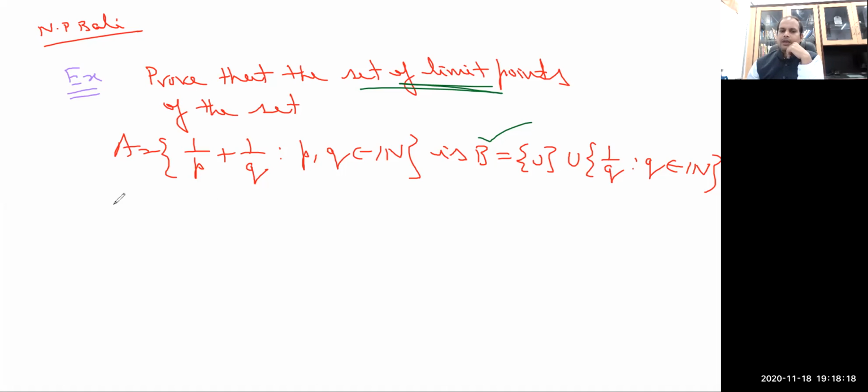See, from the Archimedean property of real numbers, in every neighborhood of 0 we have infinitely many members of the type 1 by P, or just replace P by N, because here we have taken P belonging to N. And again there will be infinitely many members of the type 1 by Q. So that will help you show that every neighborhood of 0 contains infinitely many members of the type 1 by P plus 1 by Q from the set A. Not only this, every real number of the type 1 by Q is also going to be its limit point.